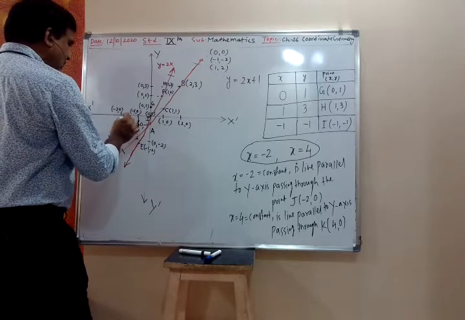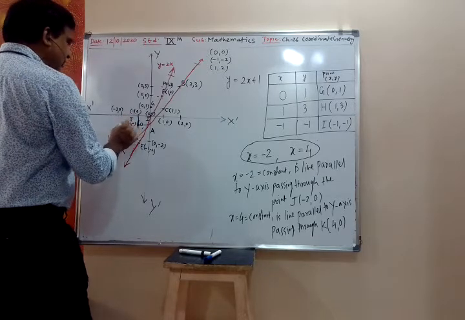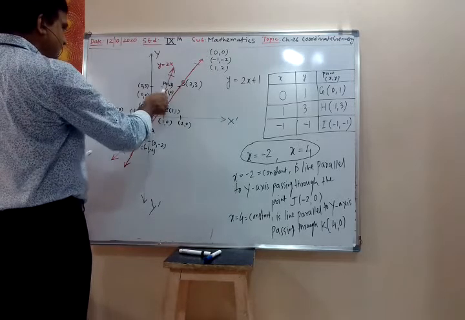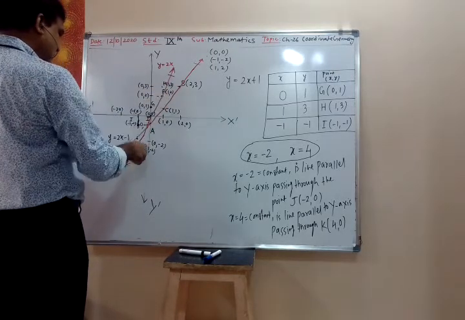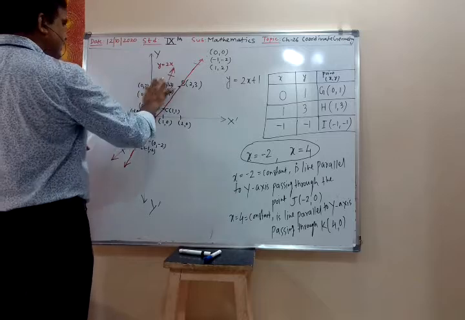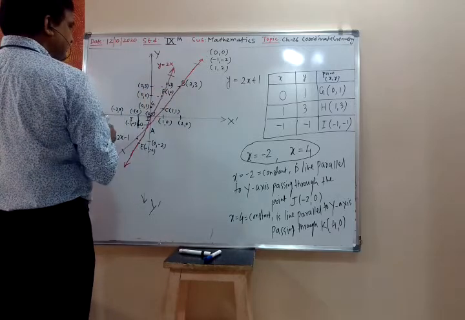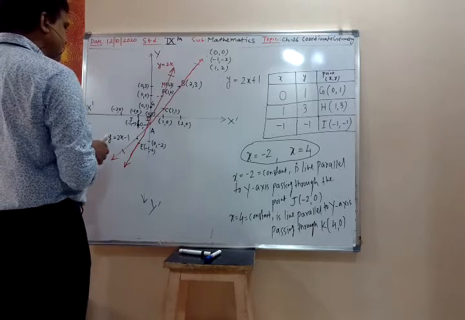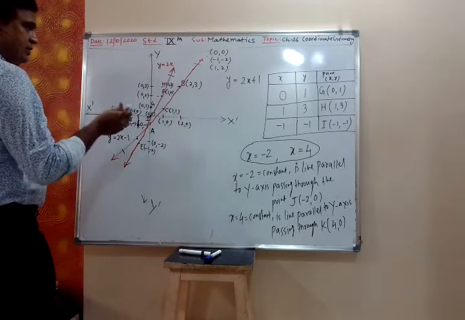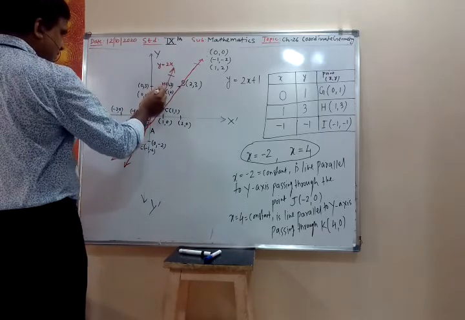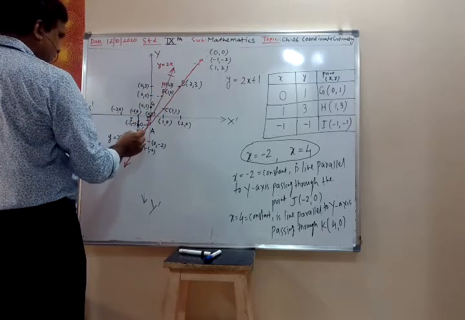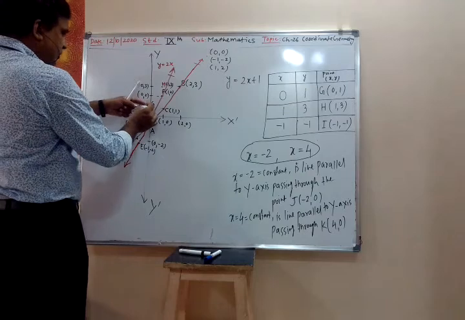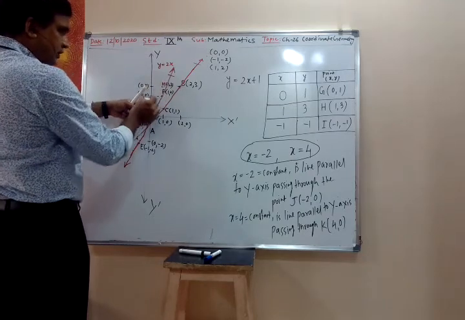Wait, no. One minute. After ABC we have to join EFG. Sorry, EFG. This is my point H, 1, 3. Now GHI. No, it will become a straight line. 0, 1 is this point G. Then H is this point.